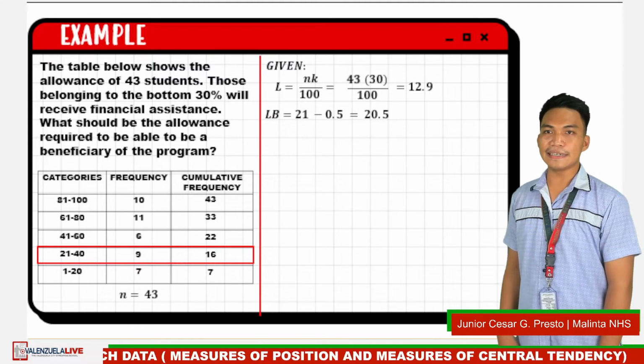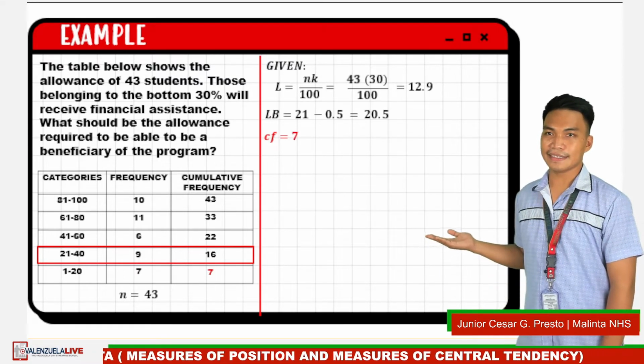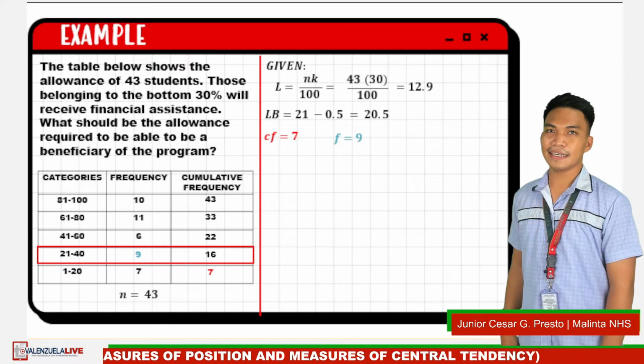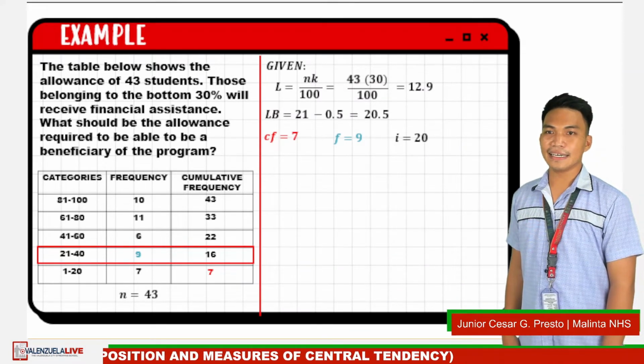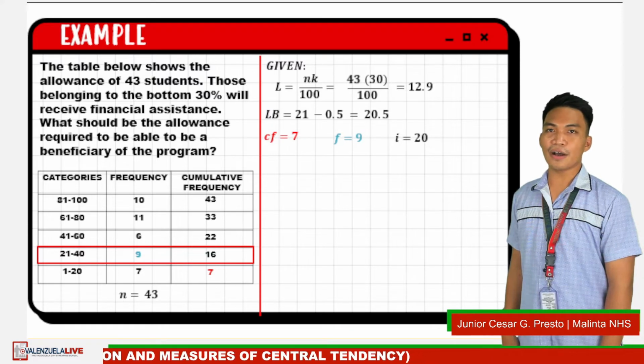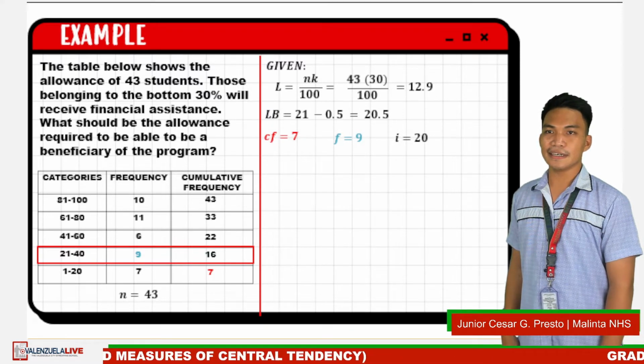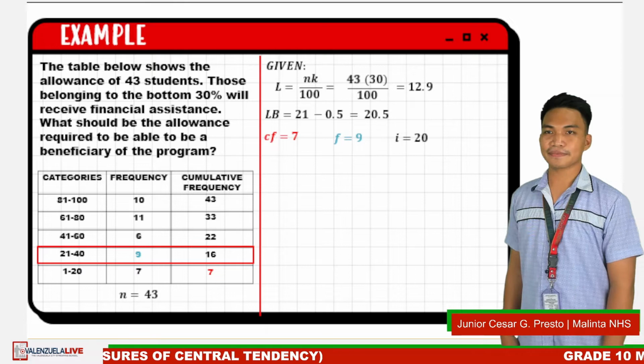Our CF is 7. F is 9. And I is 20. Now that we have completed all the needed values, let us use the formula.